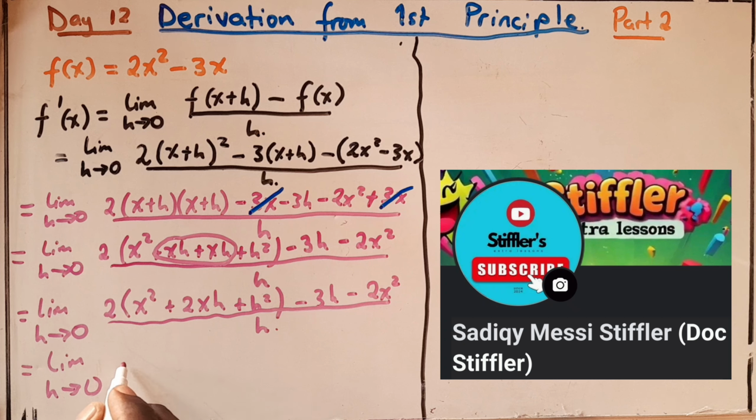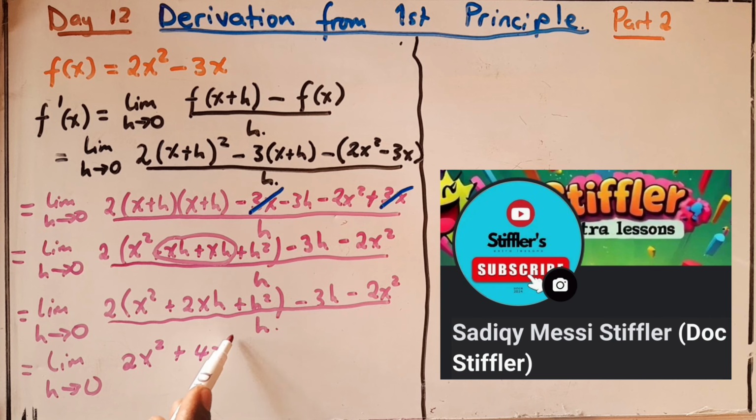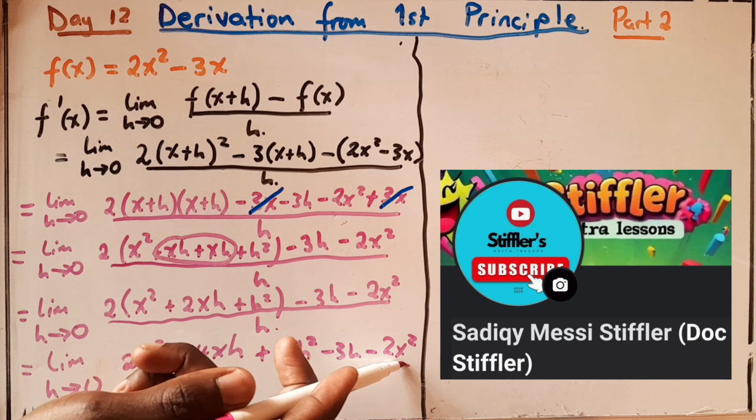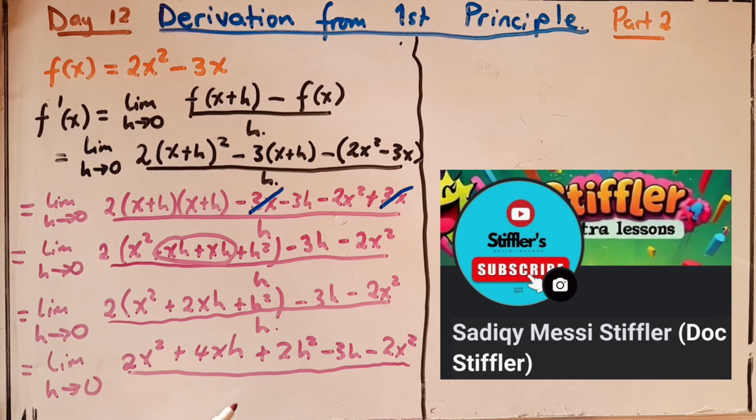This multiplied by that's 2x squared. This and that positive 4xh, and this multiplied by that's a positive 2h squared, and we're still having minus 3h and minus 2x squared. So don't forget that this is all over h.